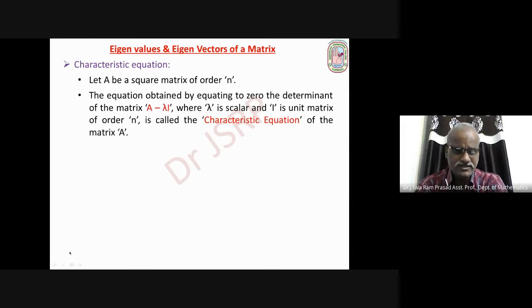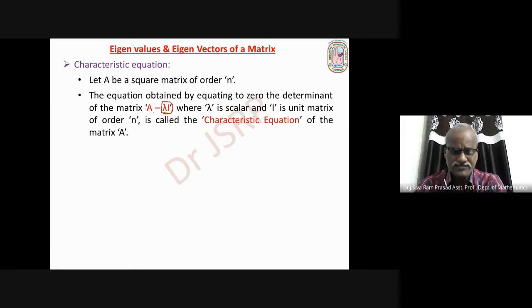So here observe A minus lambda I. In that, lambda is a scalar, I is the unit matrix. So lambda into I means lambda into the unit matrix. We get the principal diagonal elements of this matrix lambda I as lambdas and all other elements are zeros.